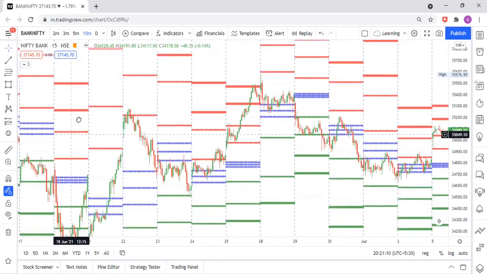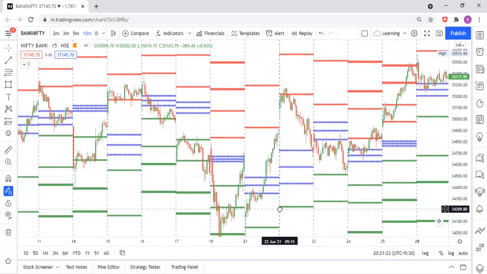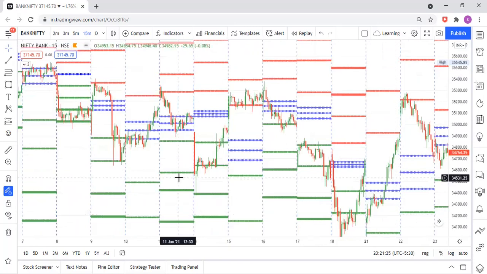Similarly, you can also take these 3 examples where you have an ascending CPR. You see here, this above this and above this. This is essentially telling you that the market is in a trending mode.